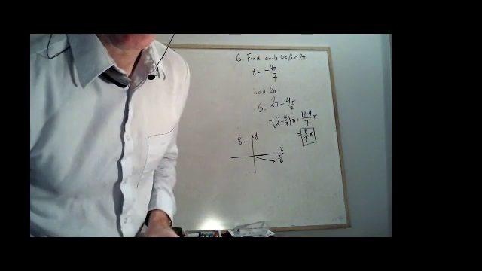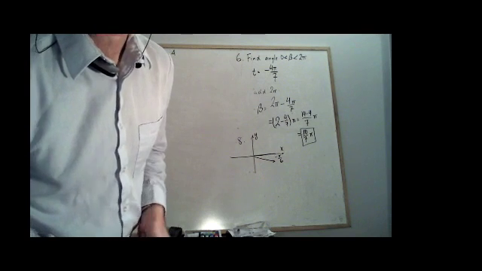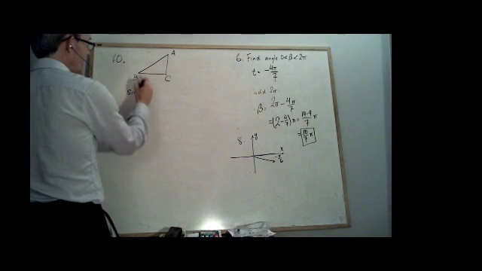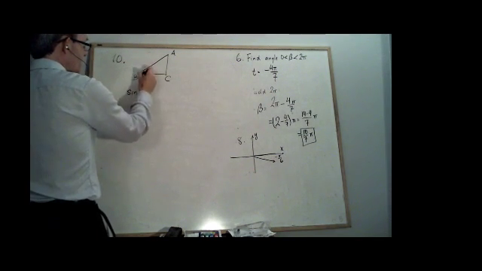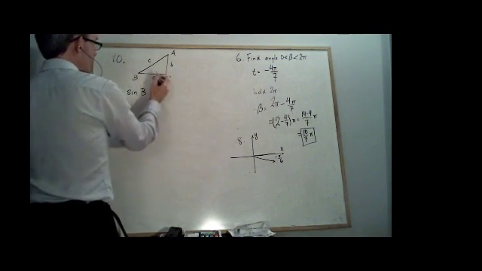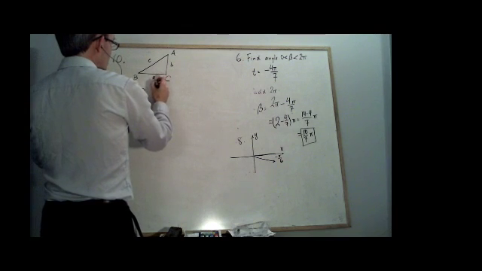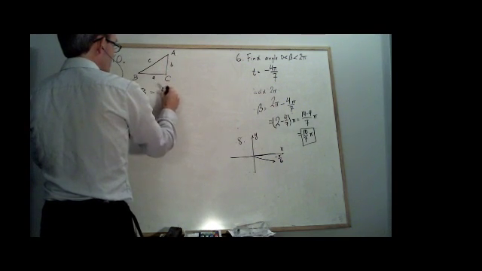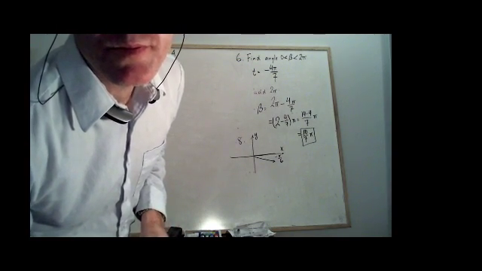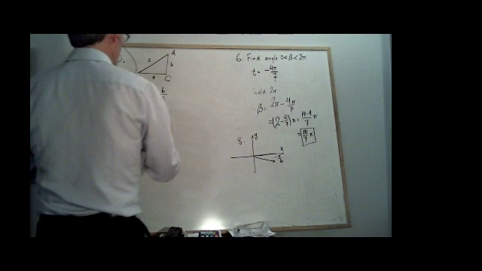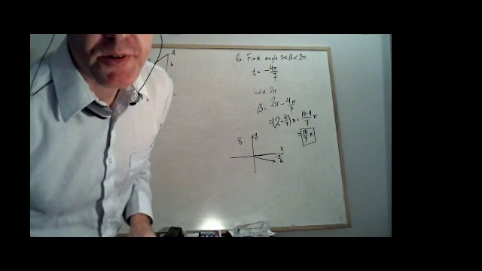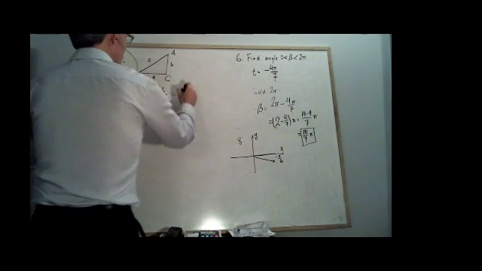Here they're just using the actual vertex as the label of the angle, so that's the same as beta. So the sine of B will be, using the small letters for the sides, b over c, and c is equal to 12.